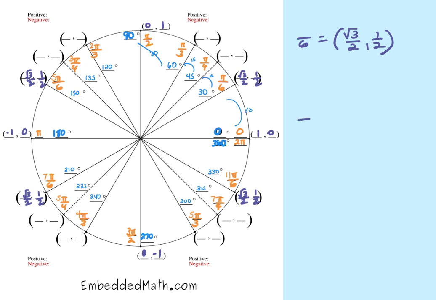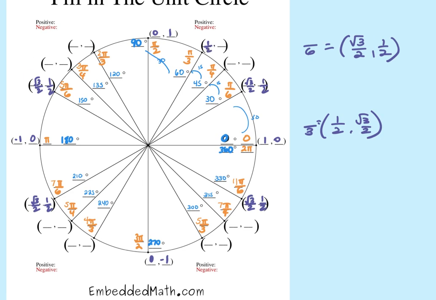Every over 3 is the reverse of that: 1/2 and √3 over 2.